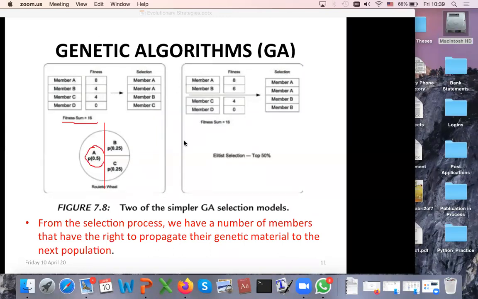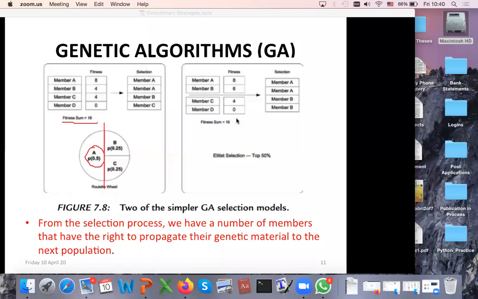Now, this is the roulette wheel selection, and now on your right you have the elitist selection method, and this is very much simple compared to roulette wheel selection. If you have your population, you can simply order your population according to fitness first.